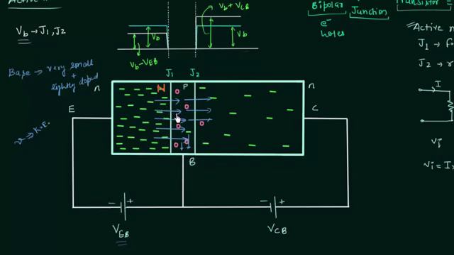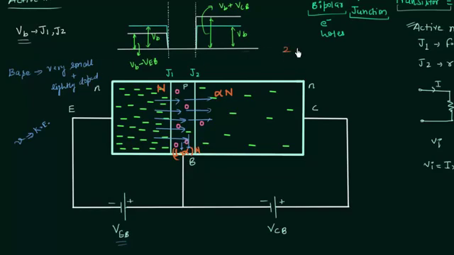Let's say n number of electrons enter the base, out of which (1 minus alpha) n electrons combine with the holes in the base, and alpha n electrons move to the collector. This is what is happening in the transistor.